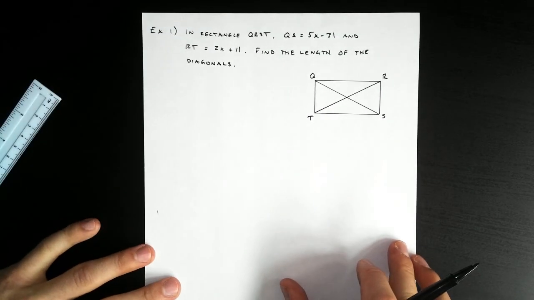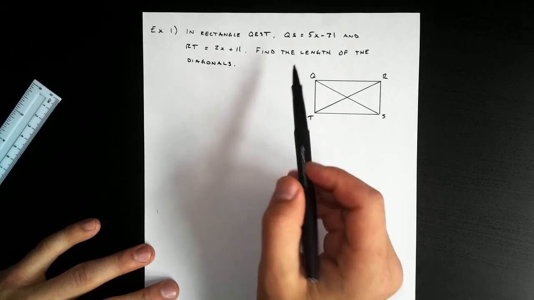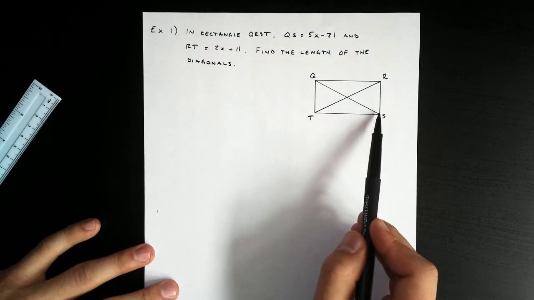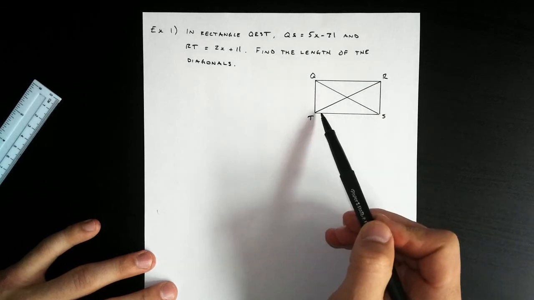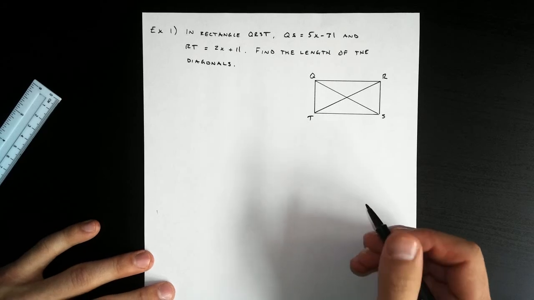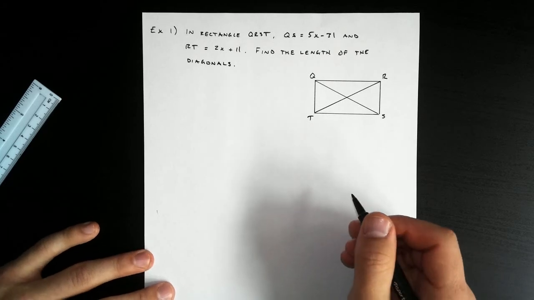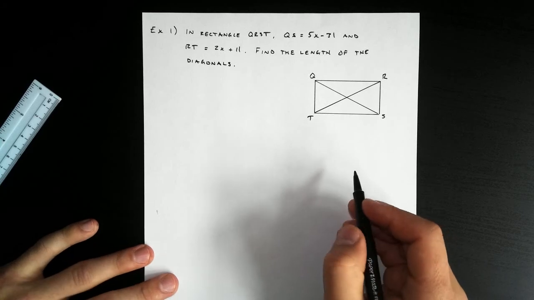So it says in rectangle QRST, I'm given some information about QS, it's 5x minus 31, and RT, 2x plus 11. I want to find the length of the diagonals. So to do that, I need to find x, and after we find x, we can plug it back in to find the length.